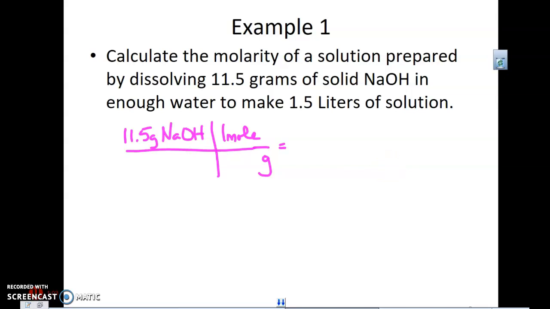So sodium is 23, oxygen is 16, and hydrogen is 1. And so we have 40 grams for 1 mole. All right, and so then what we're going to do is take that 11.5 divided by 40.